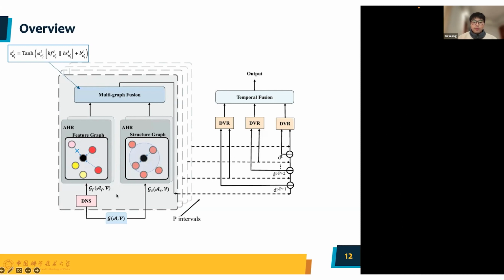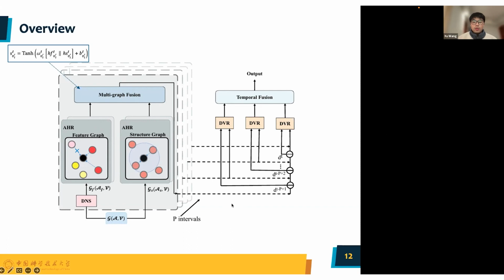Then the feature graph and the original structure graph are fed into AHR module for extracting spatial patterns. The multi-graph fusion module further fuses the outputs of AHR module for both graphs by applying a fully connected layer on the concatenation of the two branches. And the fusion results are taken as input by DVR module for generating prediction.